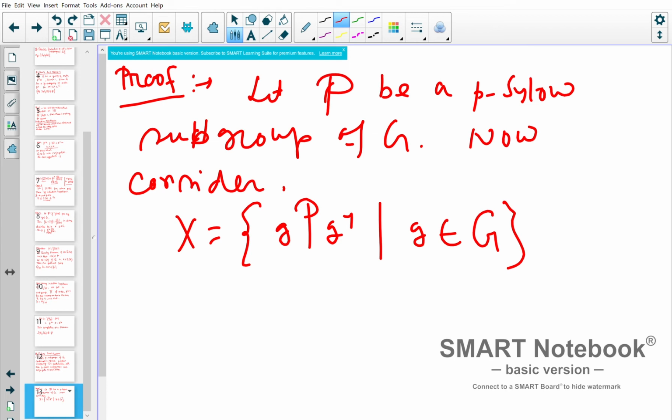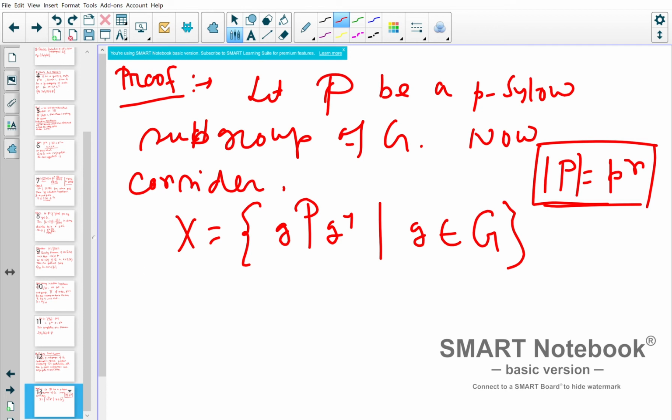P being a P Sylow subgroup means the order of P is small p to the power r, the highest order. We consider all the conjugates of this, and now I need to prove that any P subgroup is contained in some P Sylow subgroup.